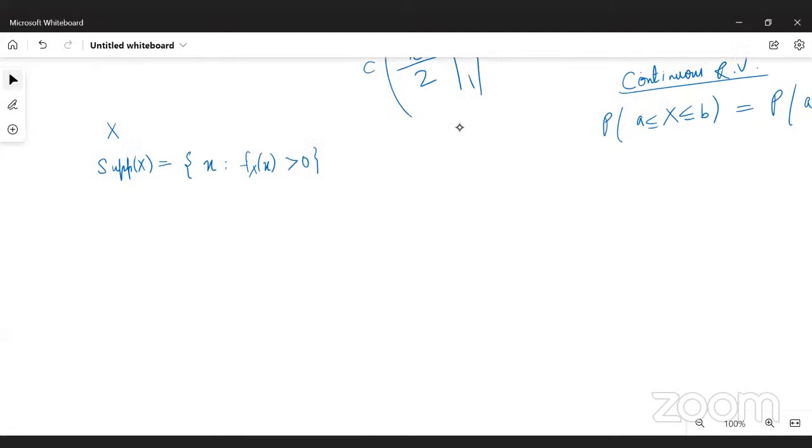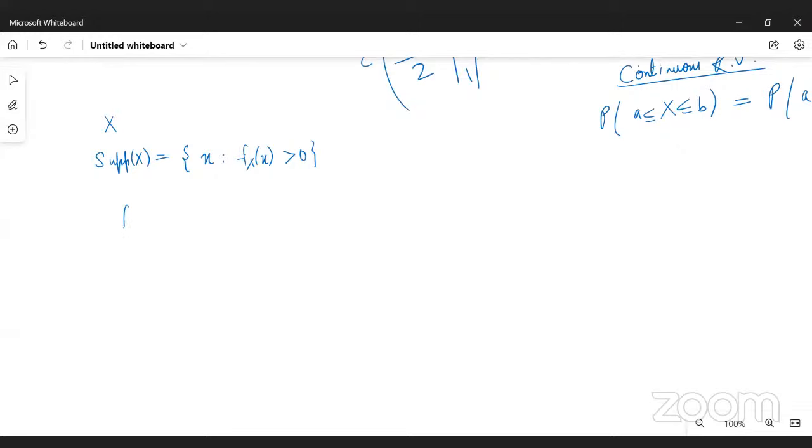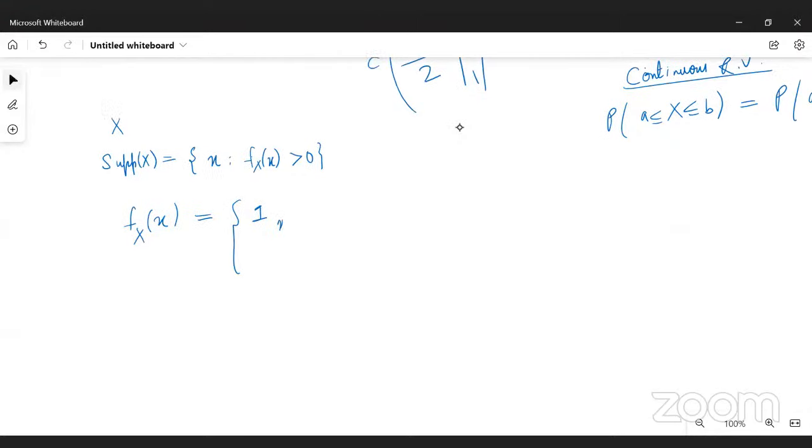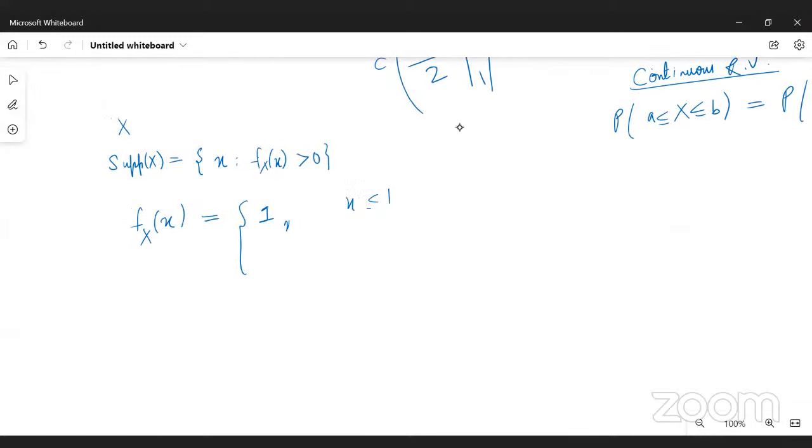Let's take an example. Let's say I have a PDF f_X(x) that is 1 for x lying between 0 and 1, otherwise it is 0.